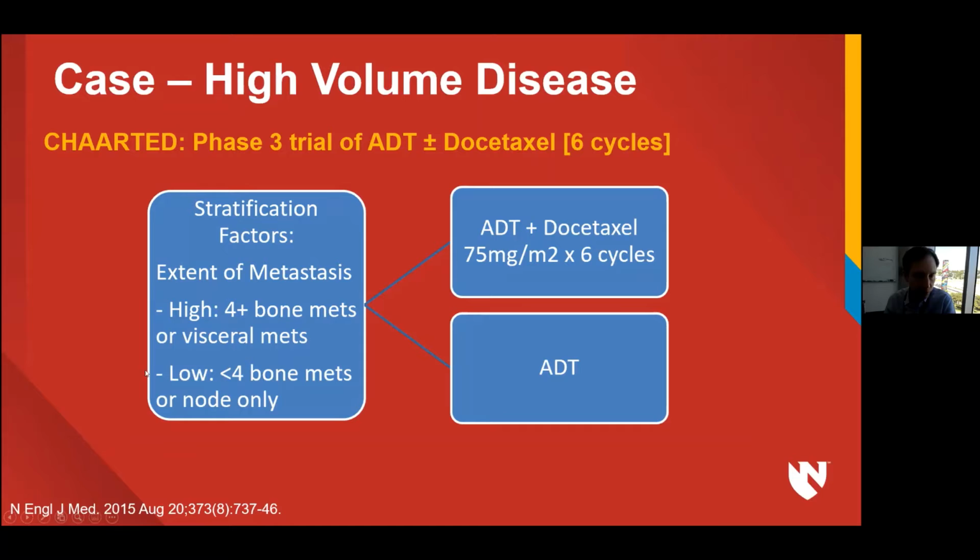They defined a low volume of metastases, not necessarily oligometastatic disease. It wasn't necessarily the number of metastases, but also the distribution. So either less than 4 bone metastases, a lack of visceral metastases, or node-only disease, regardless of the number of specific nodal metastases. Again, these patients were randomized to either chemotherapy or hormone therapy alone.